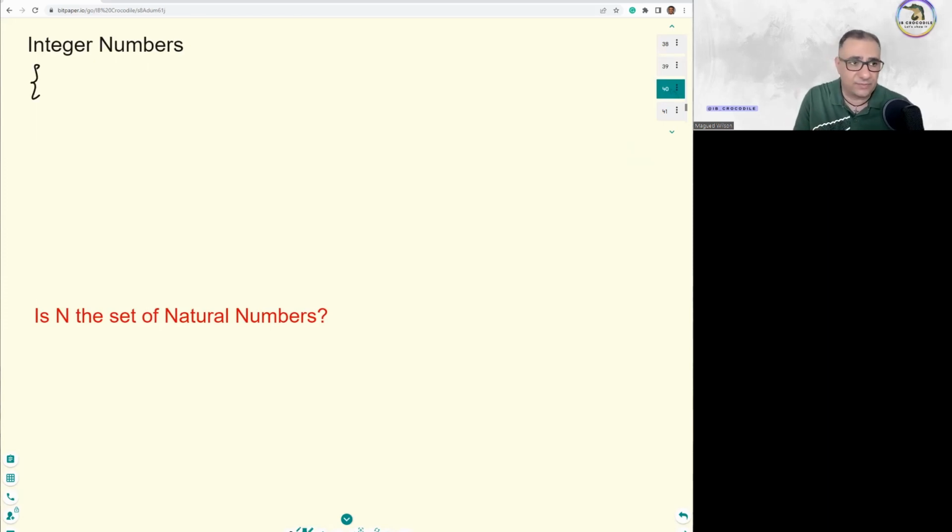So the integers Z is basically 0 in the middle, and then 1, 2, 3, until positive infinity, and on the other side, -1, -2, and -3, until negative infinity. So there are no numbers between 1 and 2 in the set of integers, right? Because they're just integers.